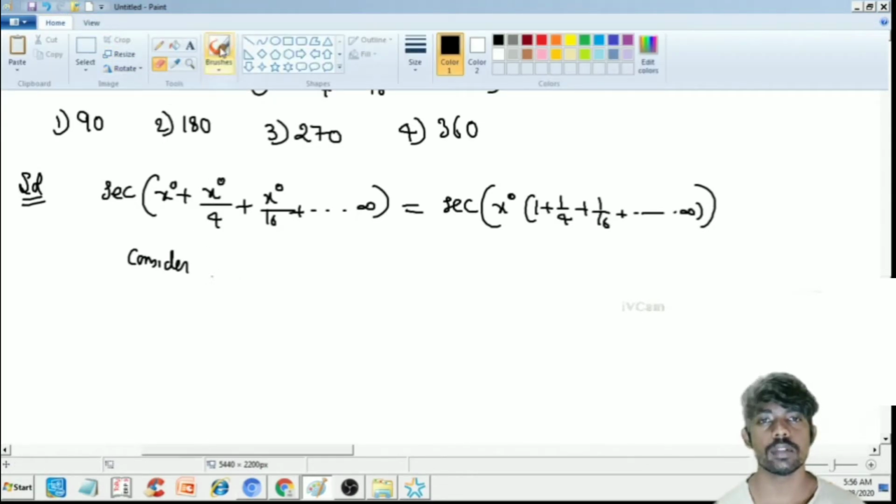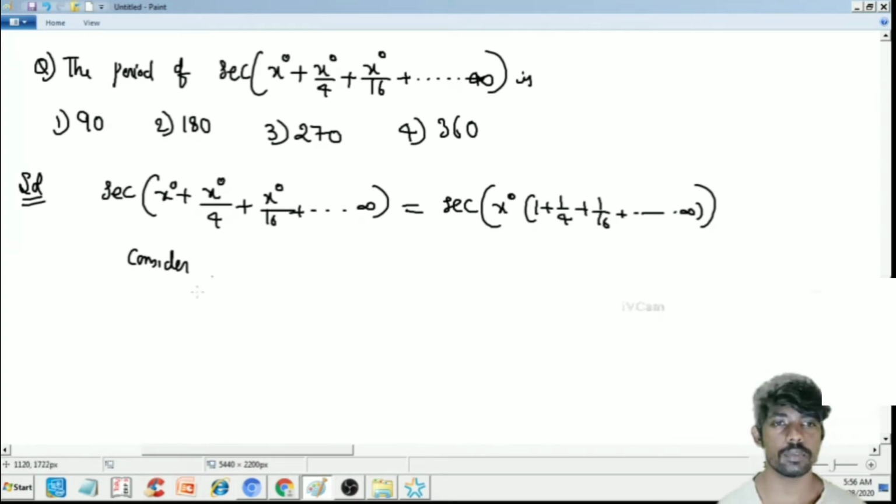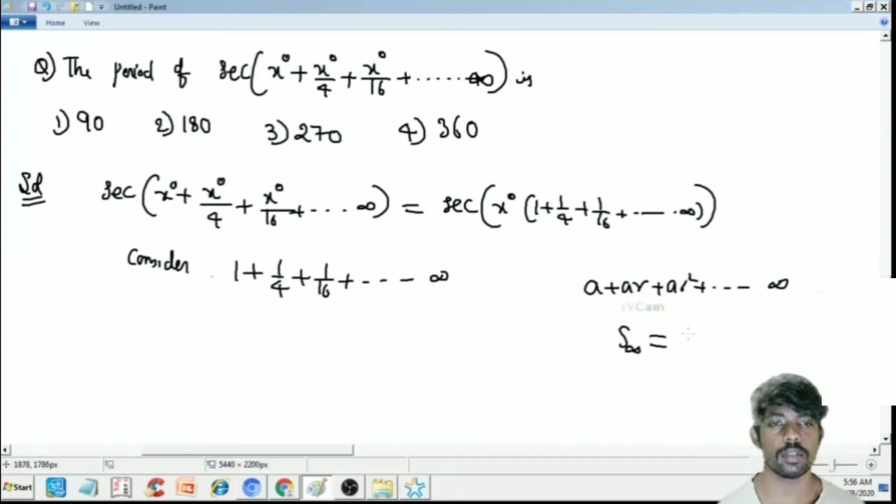So from here the series can be written as 1 plus 1 by 4 plus 1 by 16 and so on to infinity. An infinite series can be written as a plus ar plus ar square and so on to infinity. Then a is the first term, r is the common ratio, and the sum of infinite terms is a by 1 minus r.